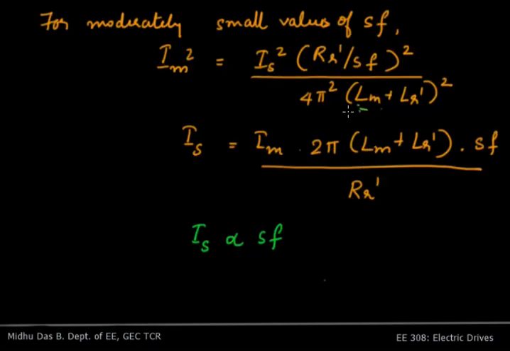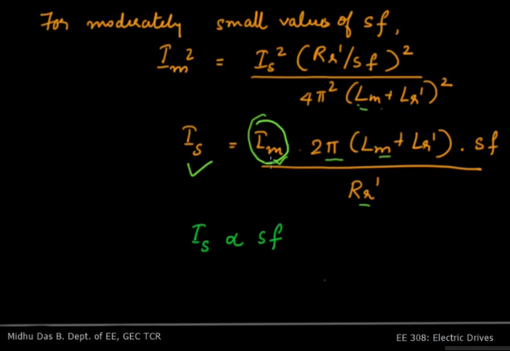If you observe this expression, you can see that if you write an expression for Is in terms of Im, these are constants, Lm, Lr dash, RR dash, etc. And you want to maintain this Im constant.